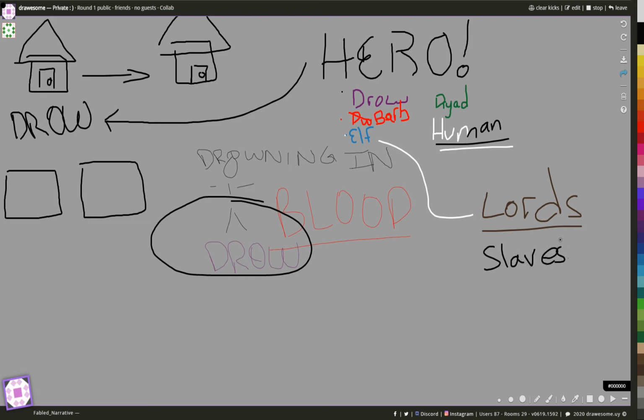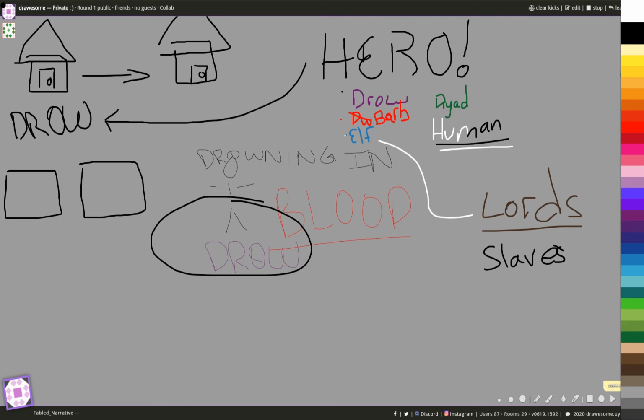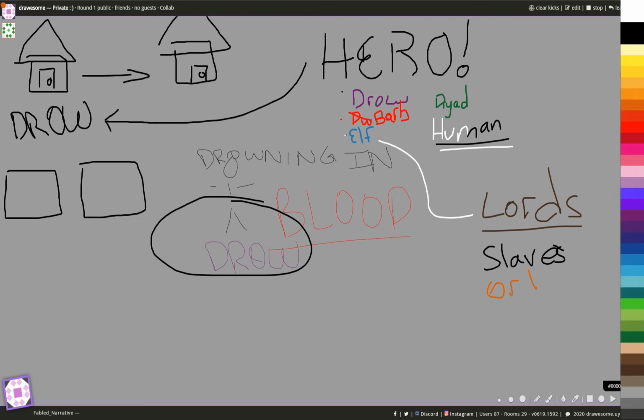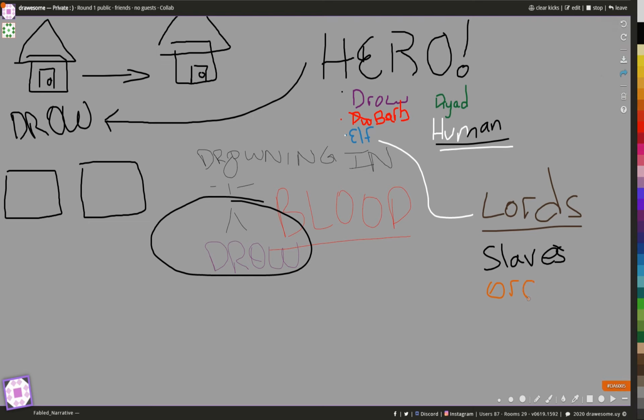Slaves. Black slaves. So maybe they are the ones that were stirring the pot, or maybe the orcs or something. Yeah, a bunch of redhead orcs. That's offensive. Let's see if I can spell it better. Orcs. There we go. So the elf is subservient to the lords.